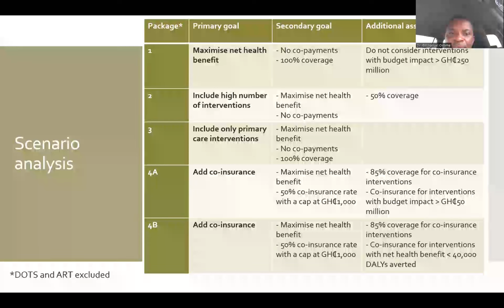So looking at the scenarios, we looked at co-insurance, co-benefits, and also the maximized net health benefit. There were no co-payments, we had 100% coverage. And then we could also look at a high number of interventions.